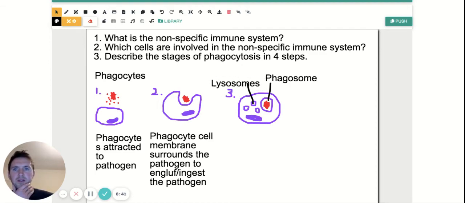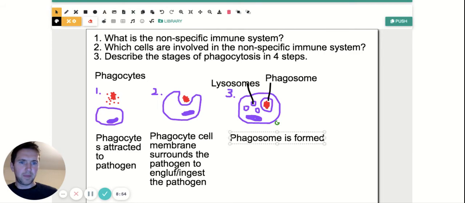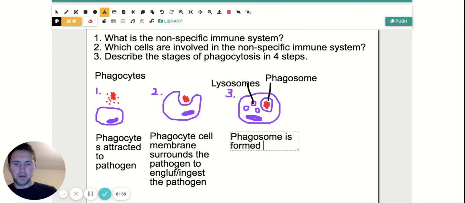So at this stage, you should have that the phagosome is formed which contains the pathogen.